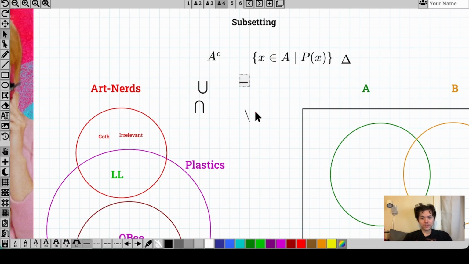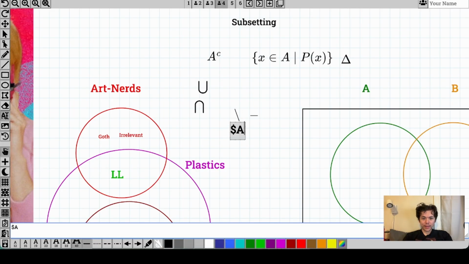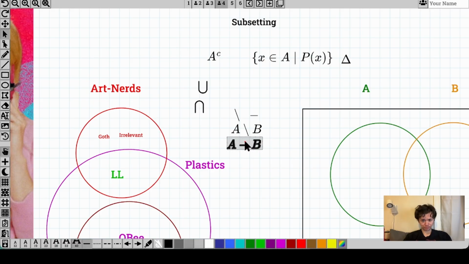We have 2 forms of set minus. Now this is used less often, but it is still used. And so you would write A set minus B. And you use this \setminus, but as often used, you just use a minus. Both of these things mean the same thing in most cases.